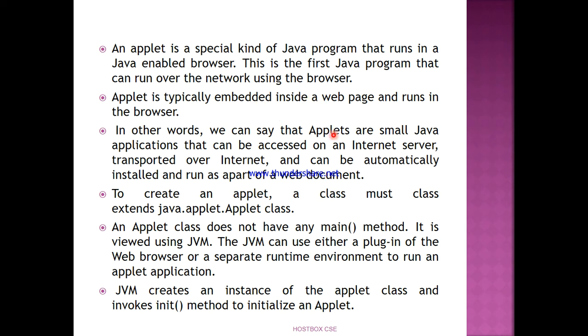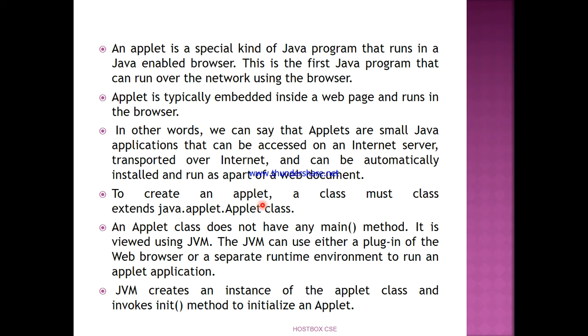Simply, these are small Java applications that can be accessed on an internet server, transported over the internet, and automatically installed and run as part of a web document. So Applet is one of the basics for developing embedded web pages and so on.